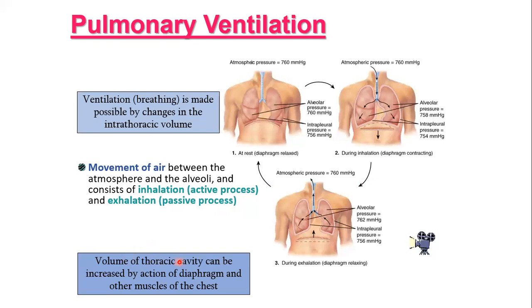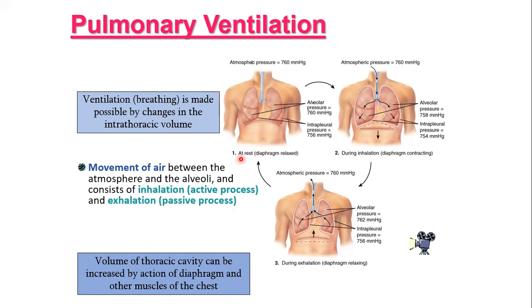The volume of the thoracic cavity can be increased by the actions of the diaphragm, which is the main muscle of inhalation, and other muscles of the chest that we'll learn about in detail. Let's see how this takes place. The atmospheric pressure is around 760 millimeters mercury at sea level.